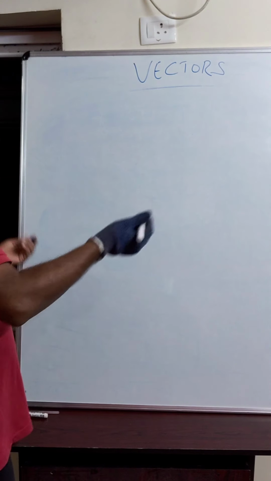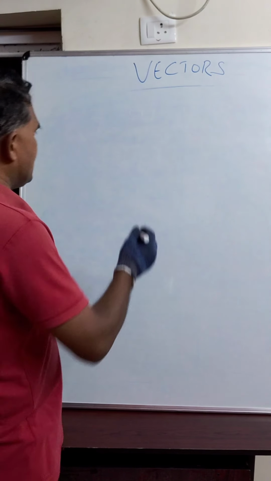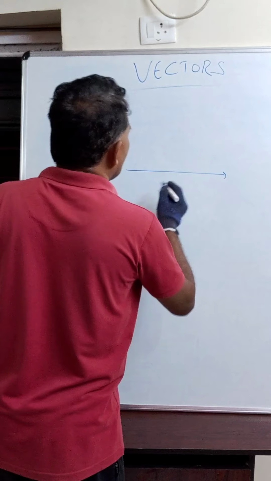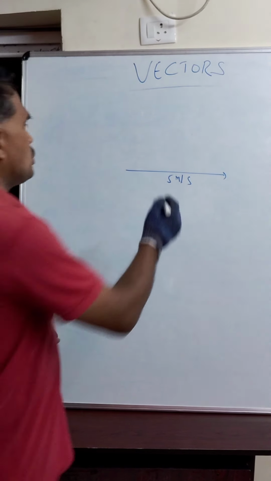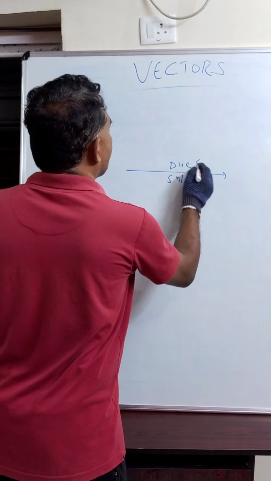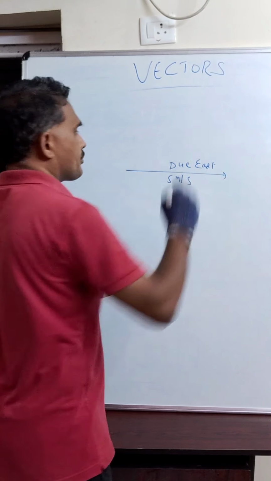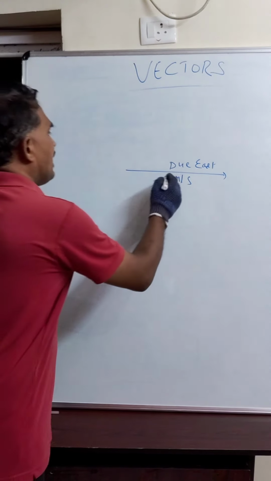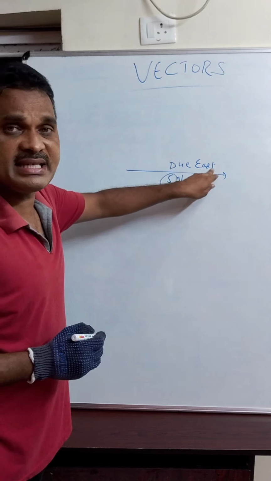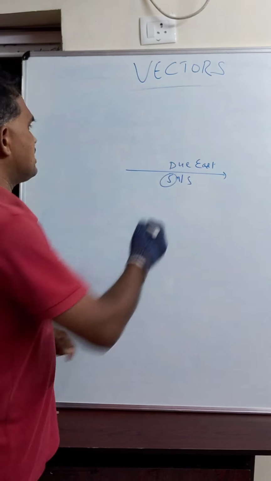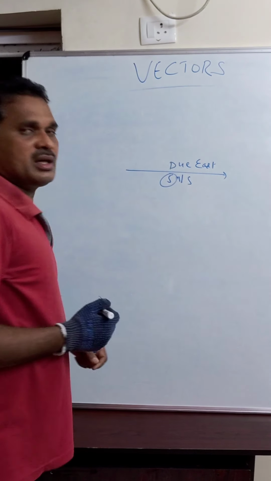Suppose a person is going due east with 5 meters per second. This 5 is the mathematical value and due east is the direction. So this is a vector physical quantity.